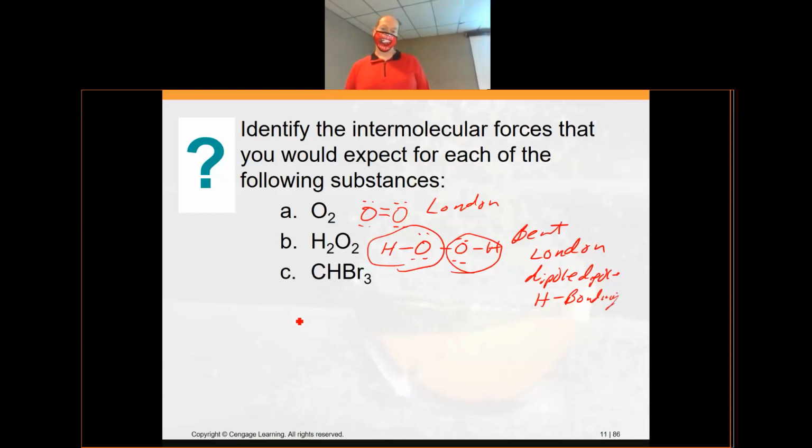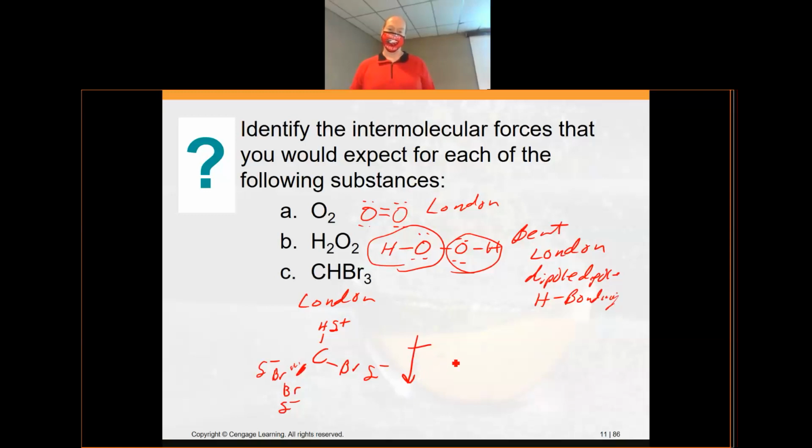And in this one, everything has London. And this one is very large, and so of the three, this has a very high London force. It's got three giant bromines on it. And so here you draw the tetrahedral, and you know that bromine has the largest electronegativity and hydrogen the smallest, and so you have a polar molecule.